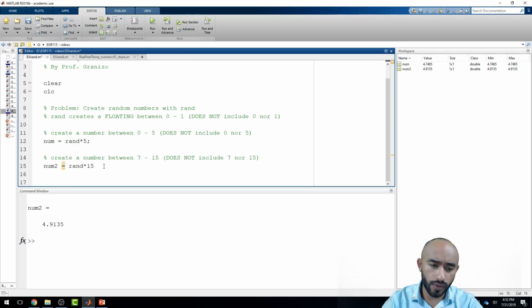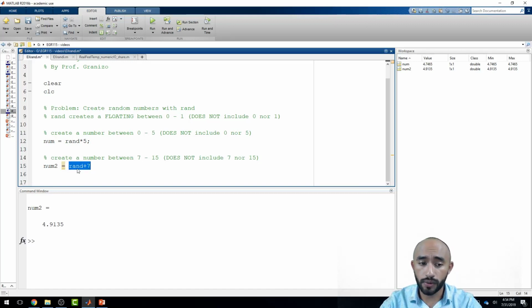So what I'm going to do instead is reanalyze the operation that I need to perform. The lowest possible value out of rand is very close to 0. It's not meeting the criteria of my bottom range. So what number do I need to add to that 0 in order to meet the criteria? 0 plus 7 is going to give me the bottom range, which is meeting the criteria.